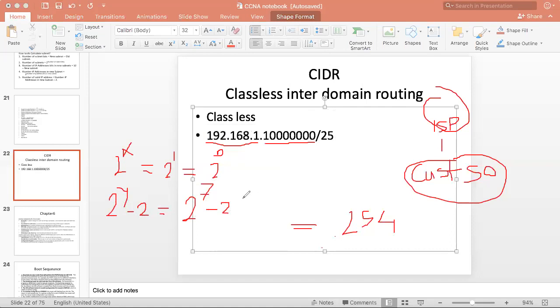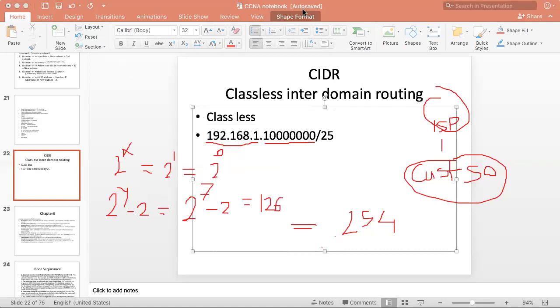What do you get? 128 minus 2 is 126. So each network, I have two networks, right? In each network, the valid IP addresses will be 126.